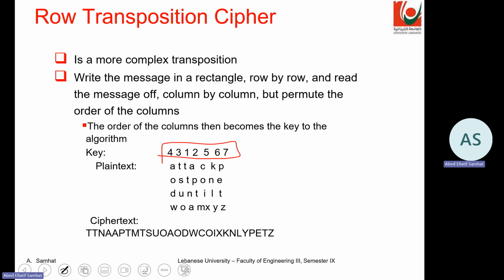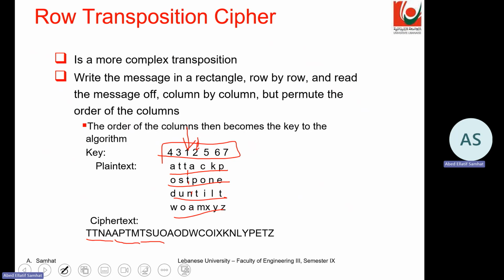This is the secret key, and because it has a length of 7, we should write the message as 7 letters per row. This is written like this, and the ciphertext will be, first we start with the first column, T T N A, TTNA. Then the second is A, B, T, M, and so on. The third one is T, S, U, O, and so on.